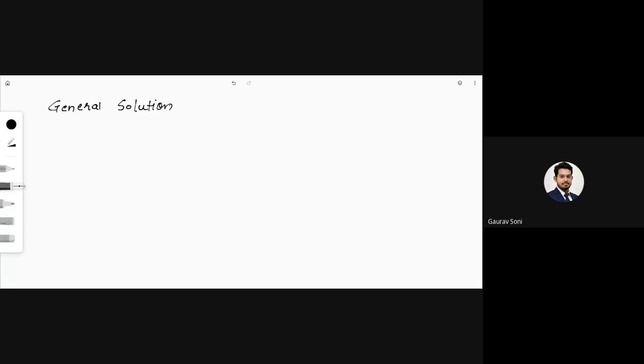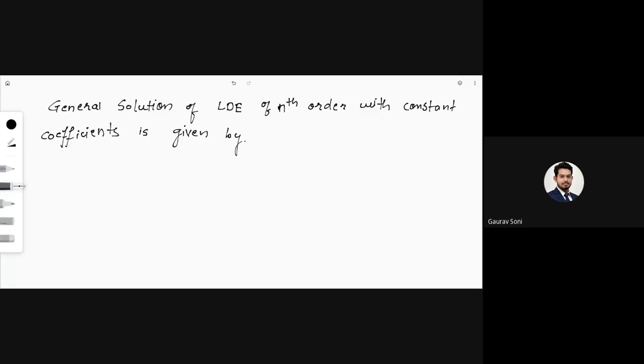The general solution of a linear differential equation of nth order with constant coefficients is given by y is equal to yc plus yp.